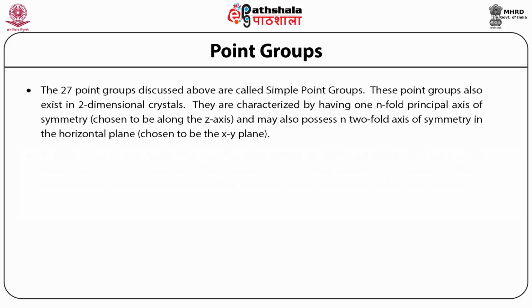They may also possess two-fold axes of symmetry in the horizontal plane. The horizontal plane is conveniently chosen to be the xy plane. So there may be rotations in the horizontal plane by an angle pi. So they may possess n two-fold axes of symmetry in the horizontal plane.